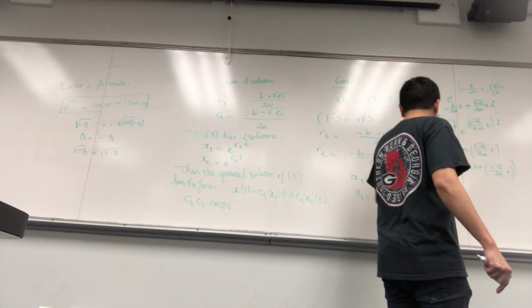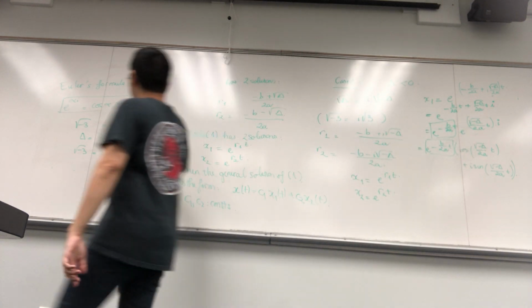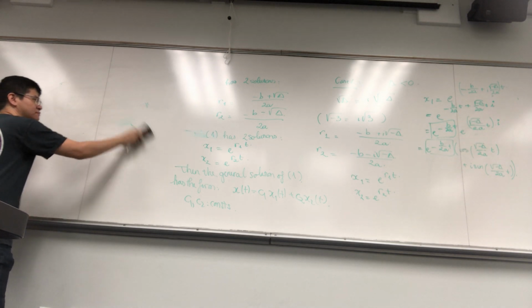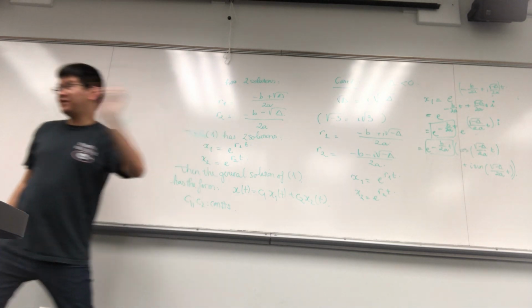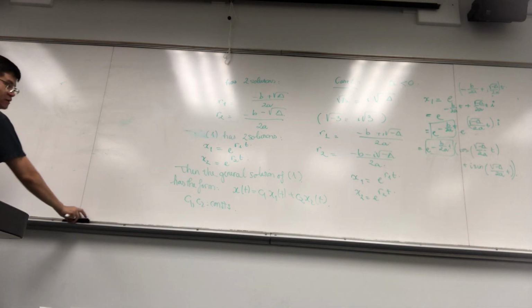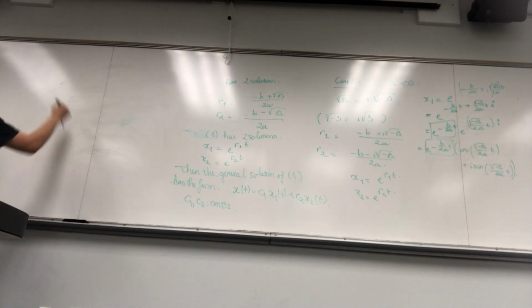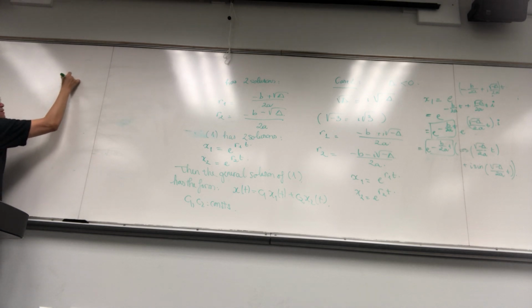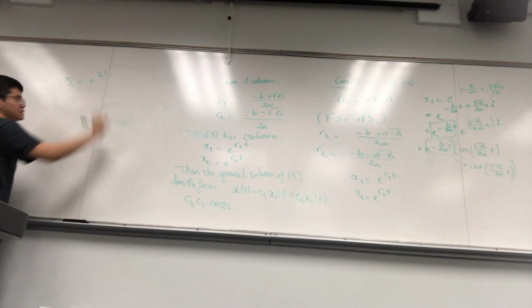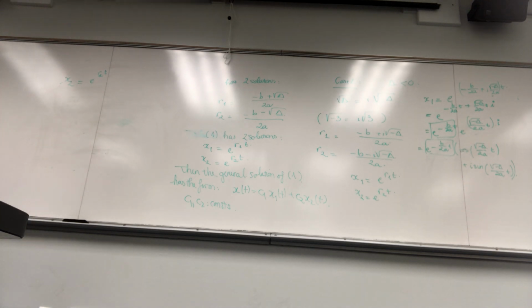Now let us compute the second guy, which is x2. We want to do a lot of practice so that you remember how to use those formulas. So x2 is e to the r2 t. So how can I compute x2?